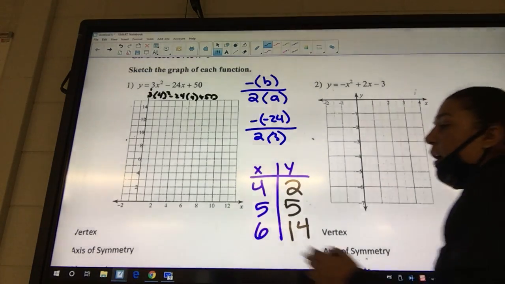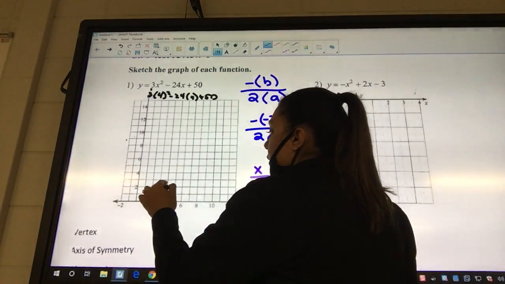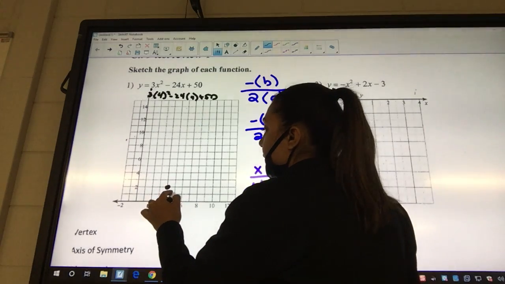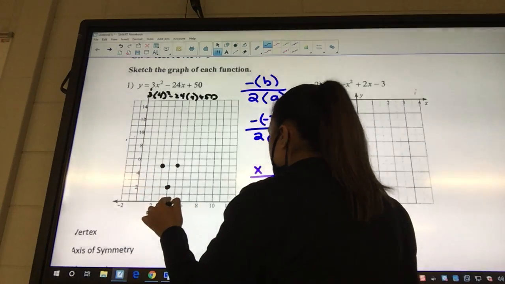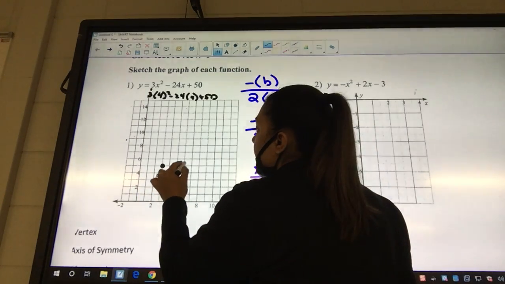And so we can graph. So 4, 2, 5, 5, and 6, 14.